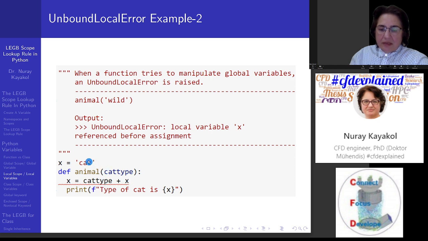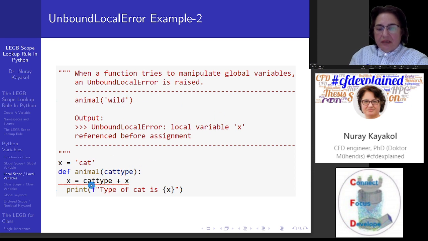So you might think a global variable is available inside of a function. That's true. Also you see the animal function again reads another variable, cat type, which I defined as wild.